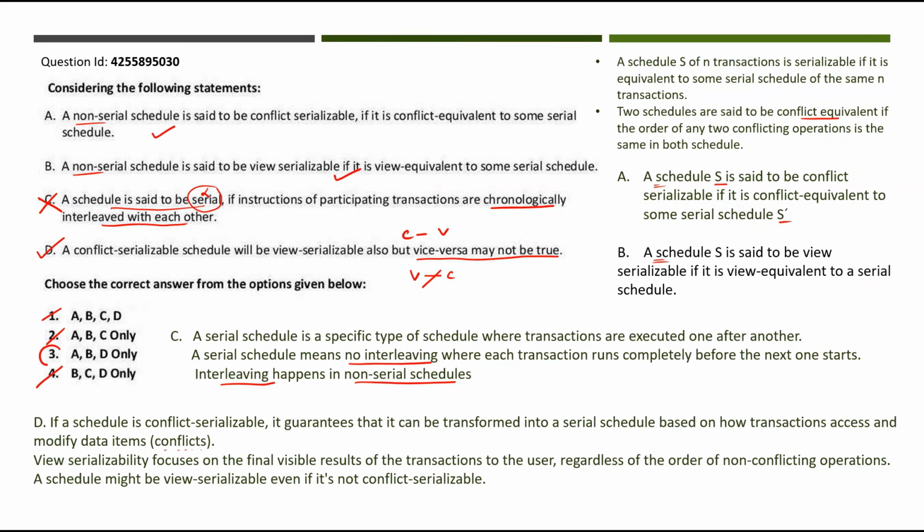Option number 3, A, B, D only will be the right answer. So once it is conflict serializable, definitely the view will also be serializable. But since the view is serializable, you cannot guarantee that it is conflict serializable. They say even if it is not conflict serializable, the schedule can still be view serializable. With this, we are completing Unit 4 questions.